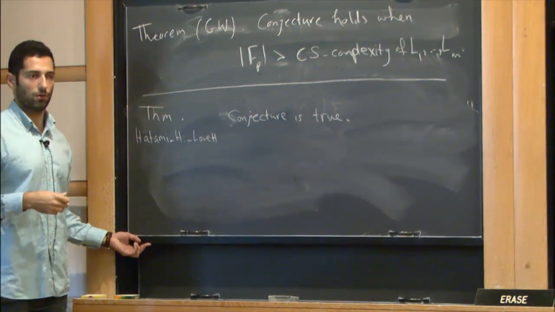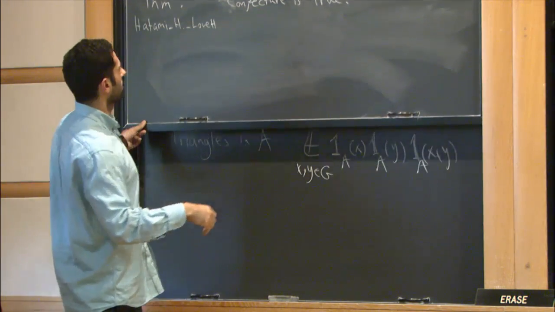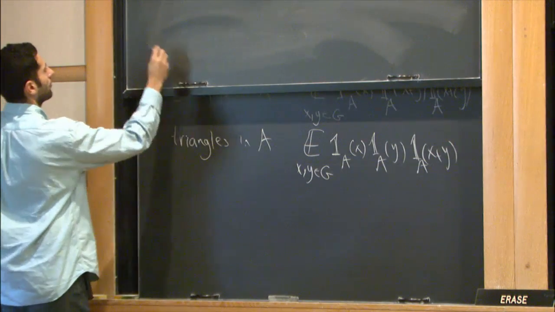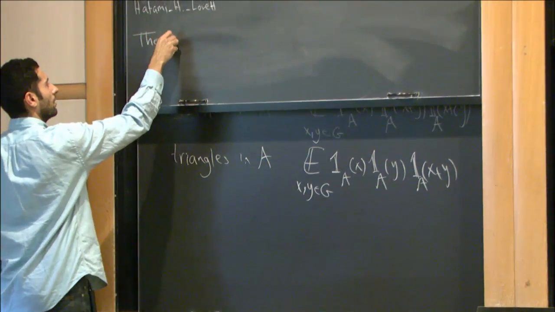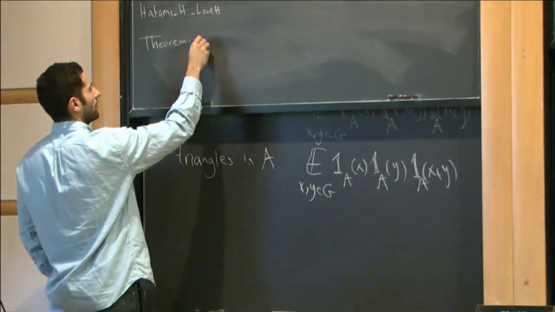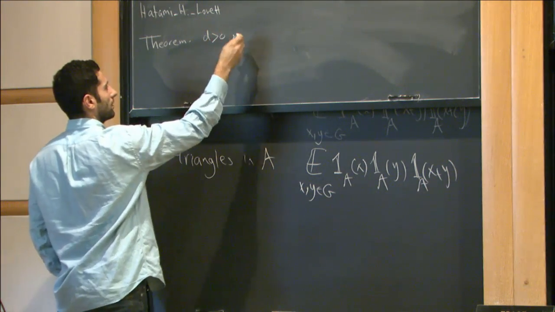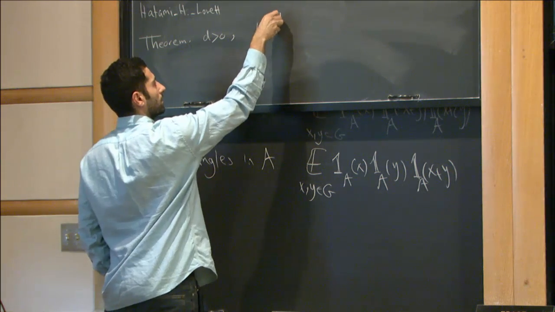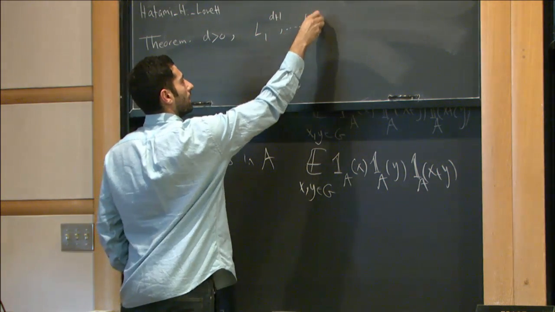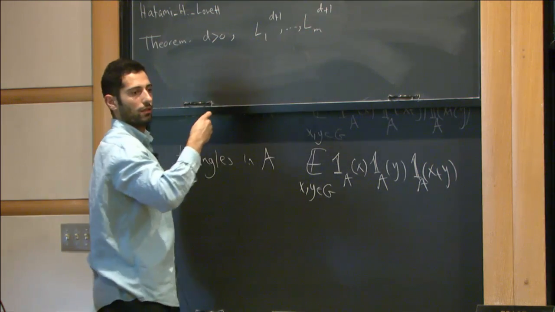And we actually, moreover, prove something stronger. So we prove the following theorem. Assume that d greater than or equal to 0 is such that L_1 to the d plus 1, ..., L_m to the d plus 1 are linearly independent.